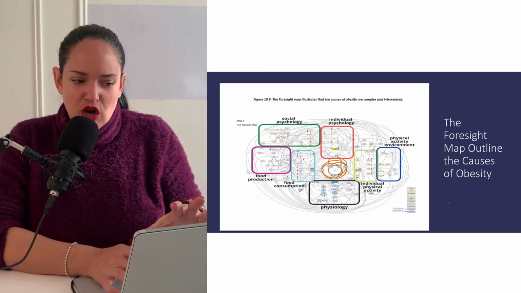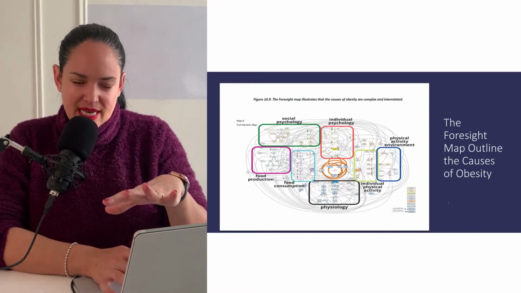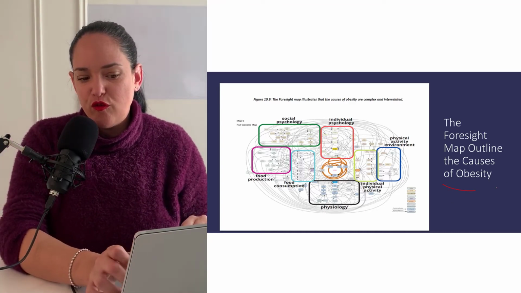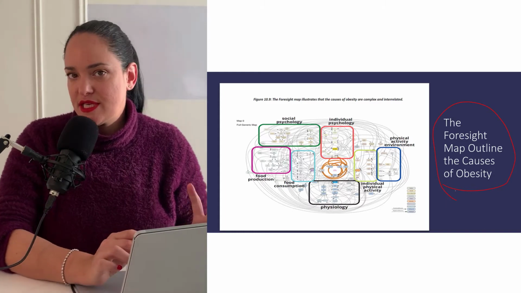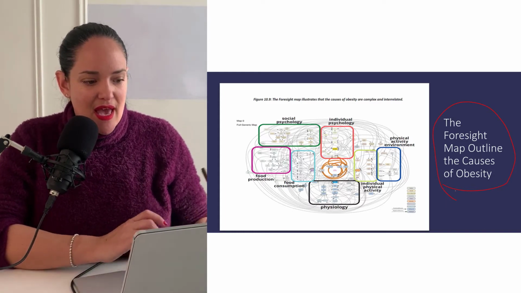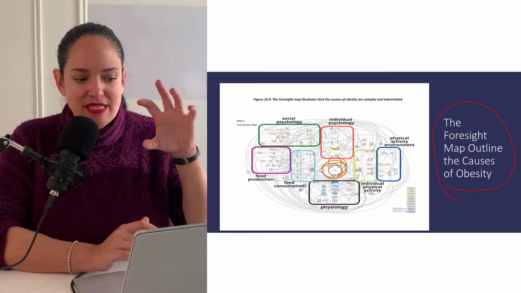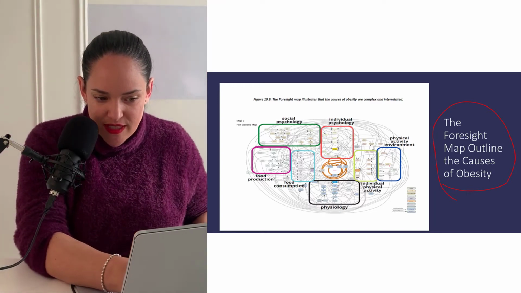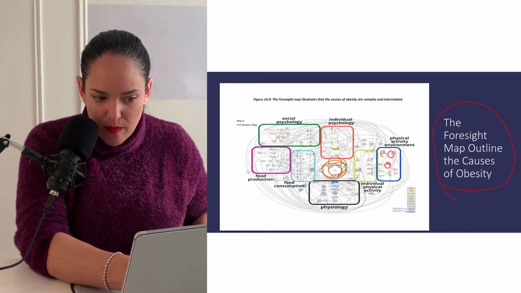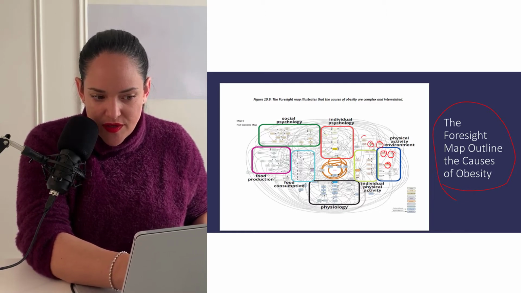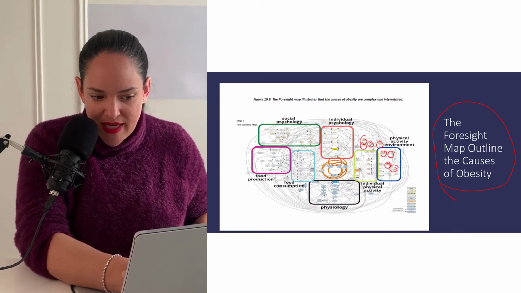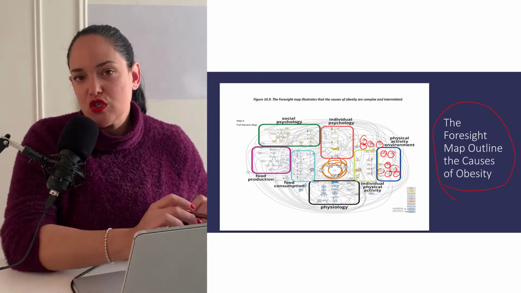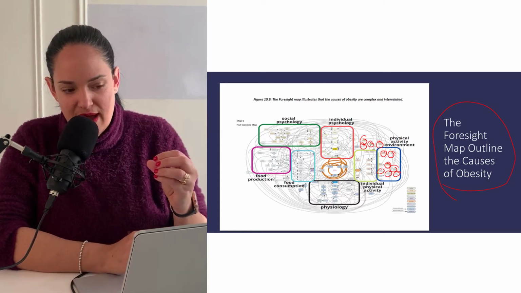So we actually saw this map last week with Diane's lecture, and this is something called the Foresight Map of Obesity, which came out in 2007. And this map looks at the complex causes of obesity, all the different evidence-based factors, all these little boxes here, that are associated with an increase in fat mass.